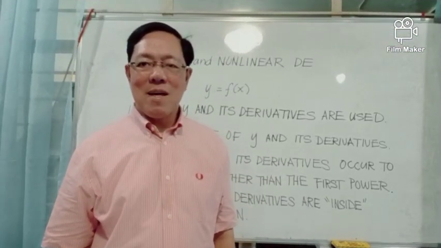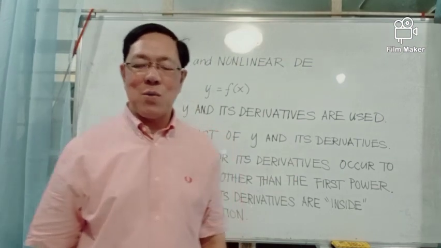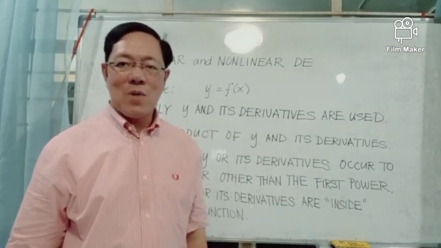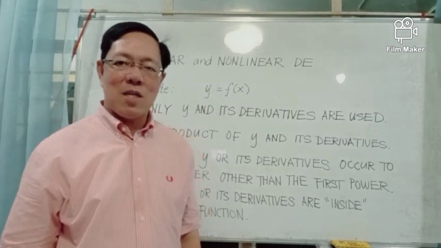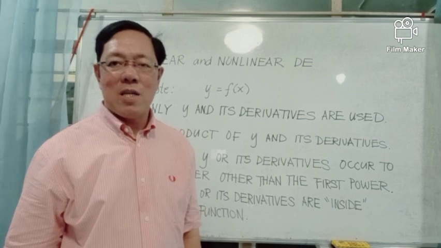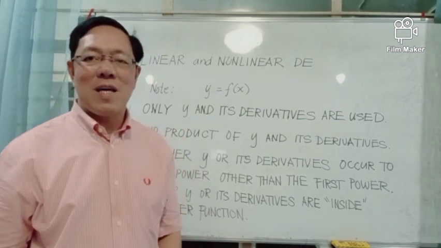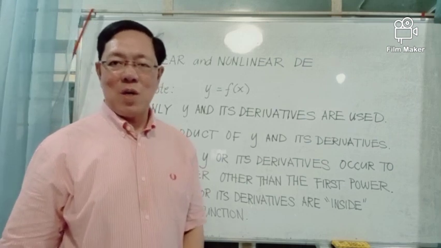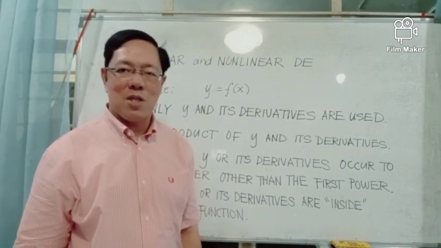We now state the conditions that must be satisfied by a linear differential equation. These are actually the criteria for determining whether the given differential equation is linear or nonlinear. If one or more of these conditions are not satisfied, then the given differential equation is said to be a nonlinear differential equation.